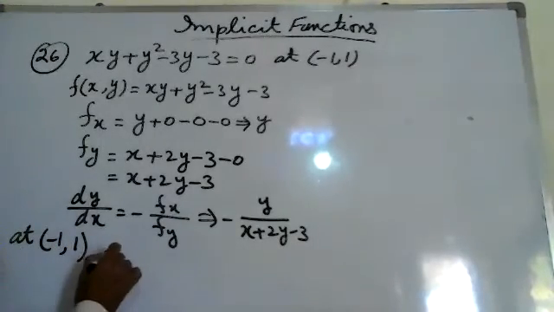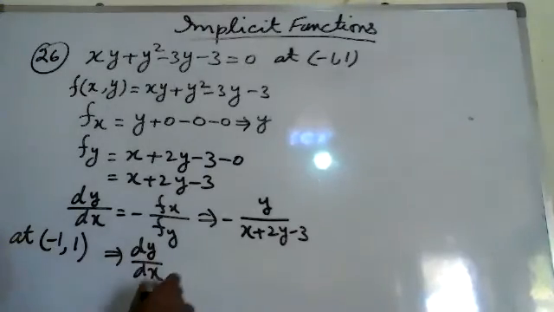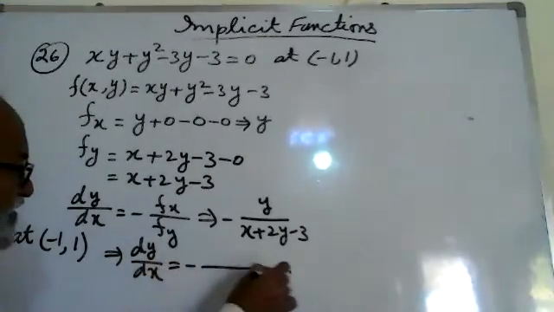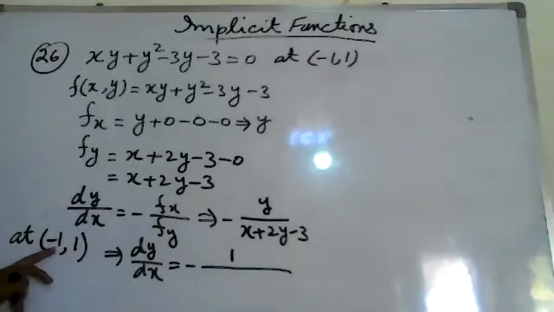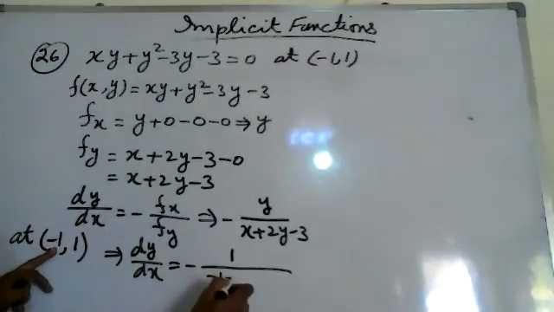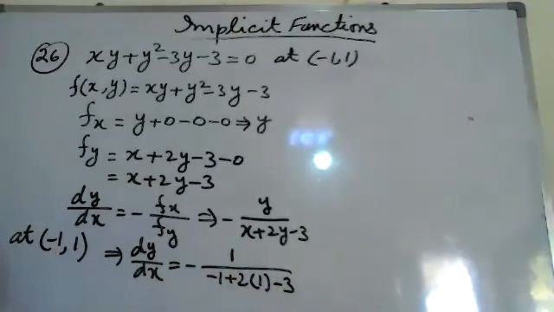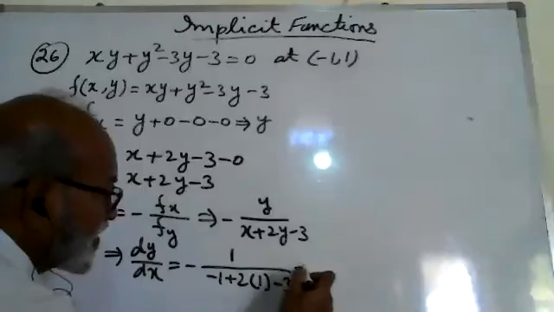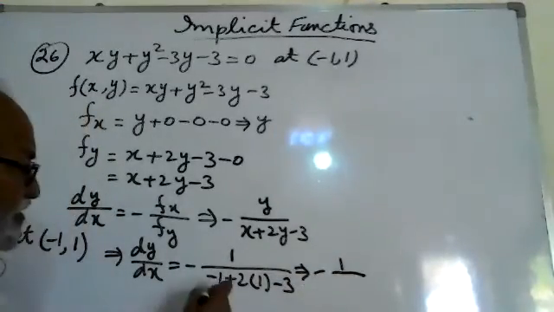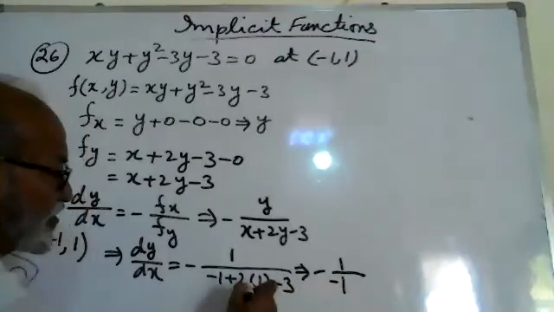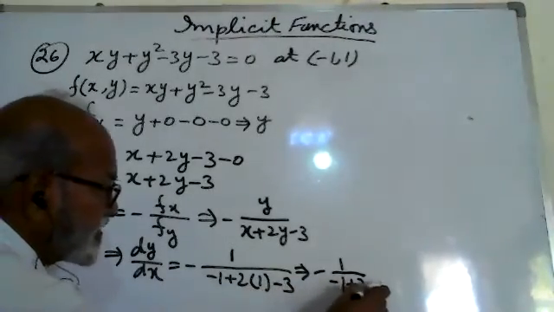Dy upon dx will become minus y, the value of y is 1, upon x is minus 1 plus 2 into 1 minus 3. It will become minus 1 upon minus 1 plus 2 minus 3.